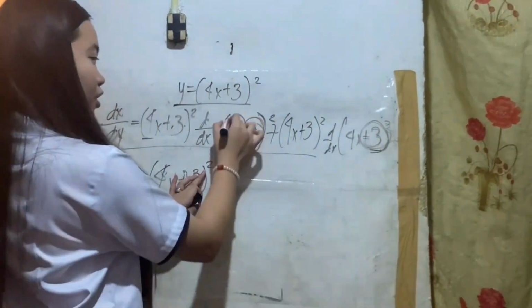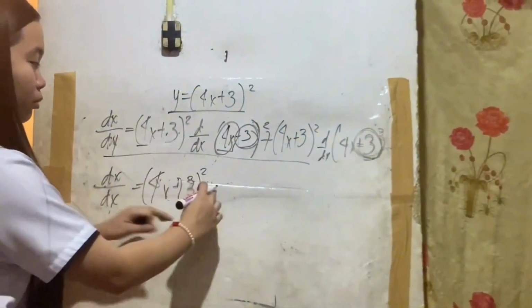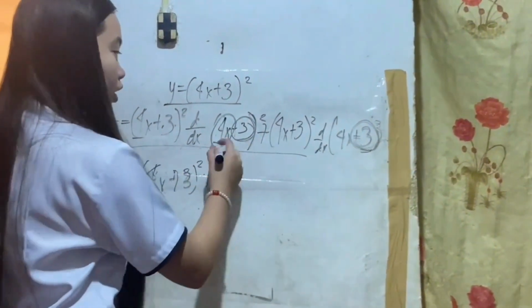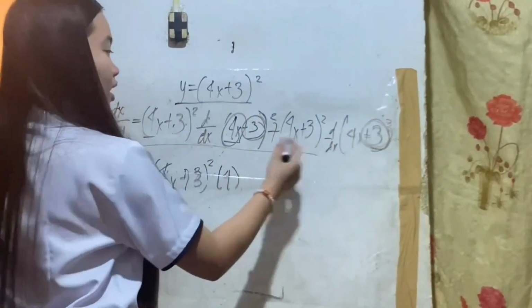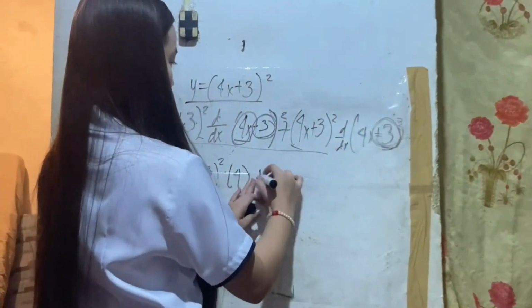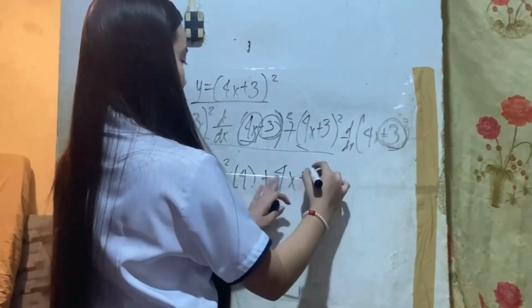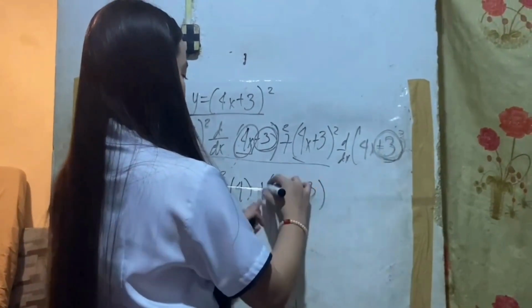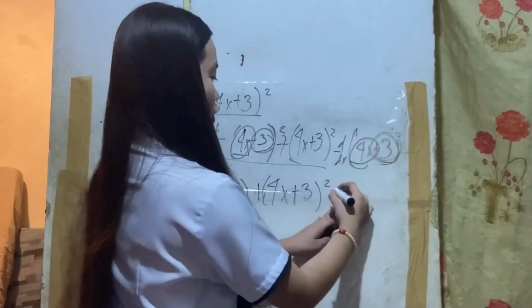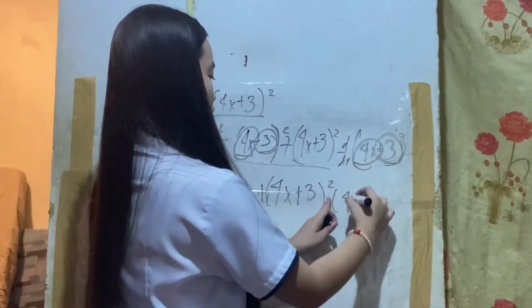Then this one, the 4x, because that term has an exponent, times 4. Then we get the same for this one, plus (4x plus 3) squared. Then we will also write the 4.